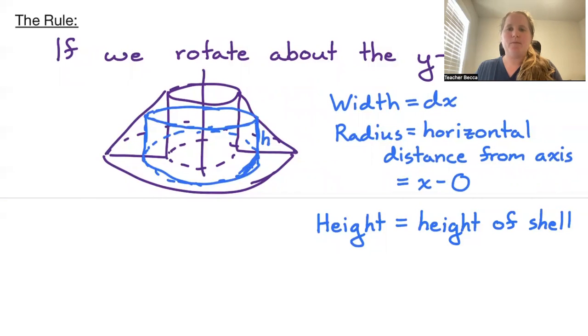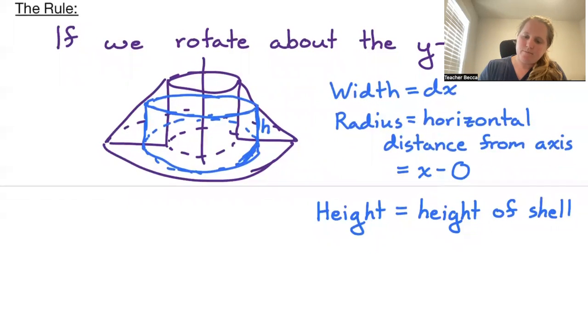Our formula for volume when we rotate about the y-axis: we do the definite integral from a to b in x, so wherever our first and last x values are.